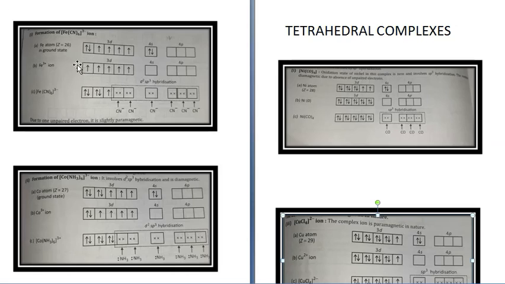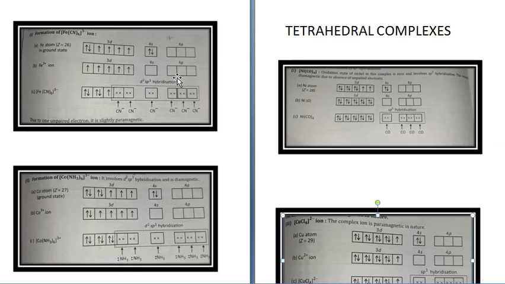Now Fe3+ ion, 3+ means it has lost 3 electrons. So it will lose 2 electrons from the 4s orbital and one from the paired electron in 3d. So it now has 3d5, 4s0 and 4p0.